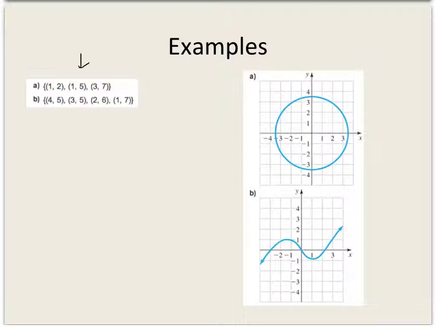In this one, it's not a function because if you look, x=1 has two different outputs. So if I was going to map that, 1 would go to both 2 and to 5, so it would be not a function.